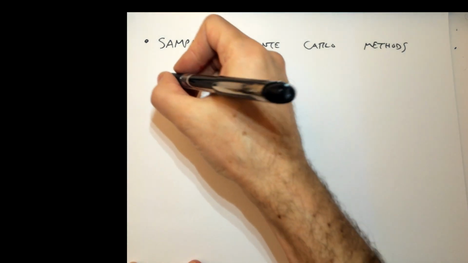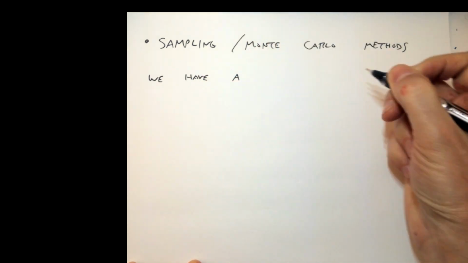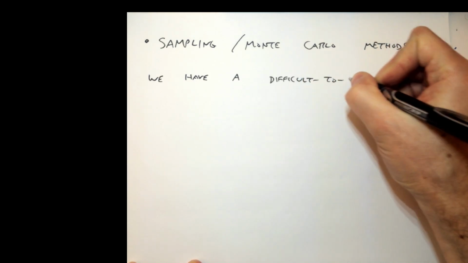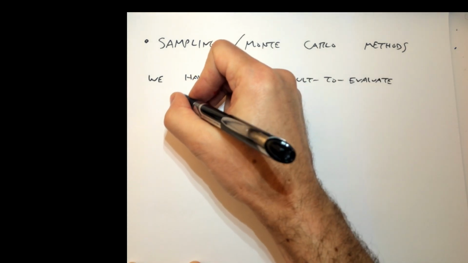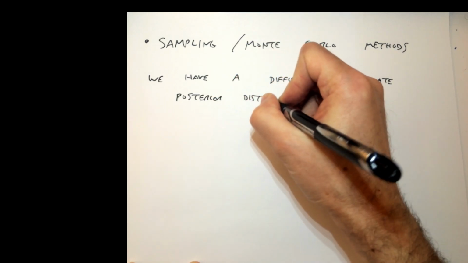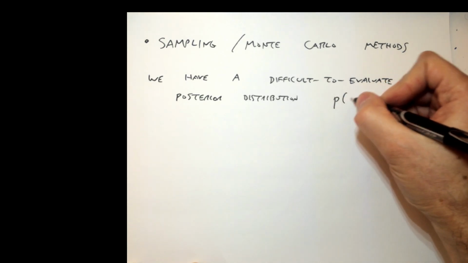So the idea is that we have a difficult to evaluate posterior distribution, P of z, so let's say.